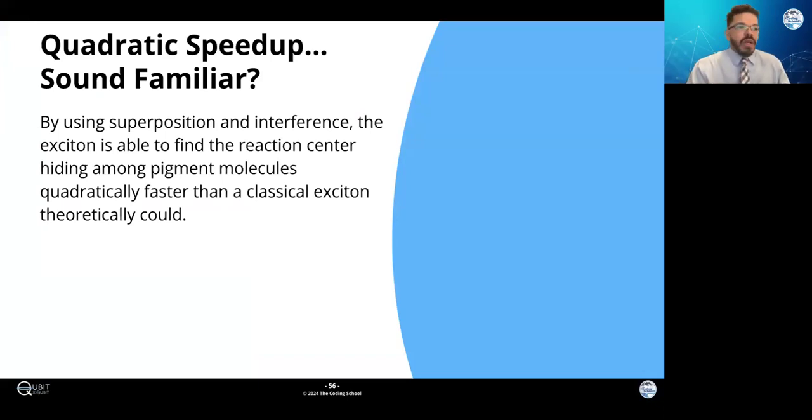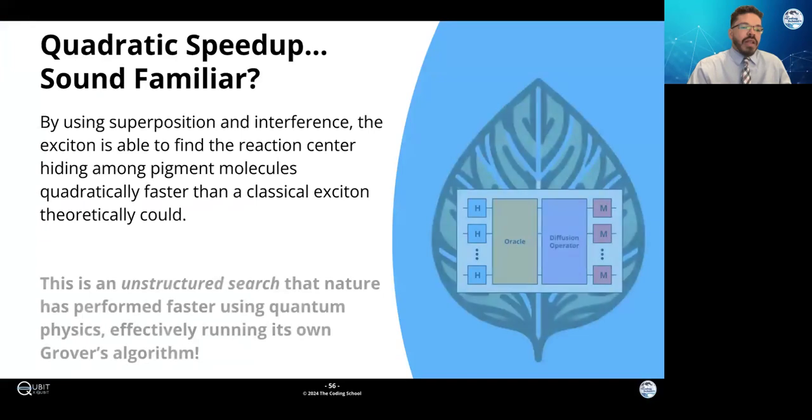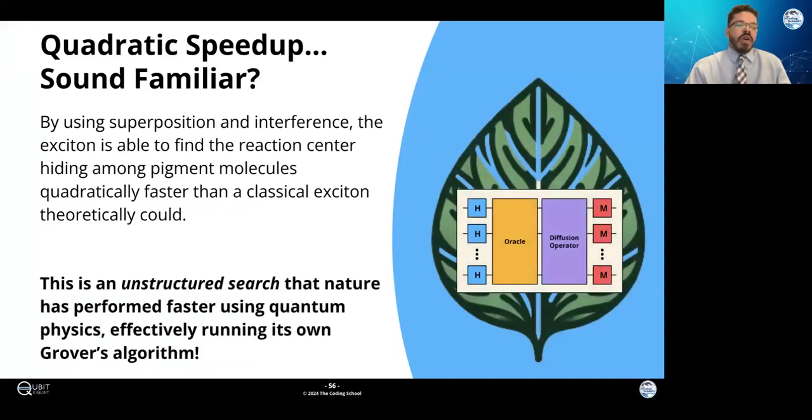This is an unstructured search. It's almost like Grover's algorithm. The exciton is looking for the reaction center, and it doesn't know where it is. It finds it more quickly by exploring all these paths together at the same time, and you get a quadratic speedup over what you might expect.